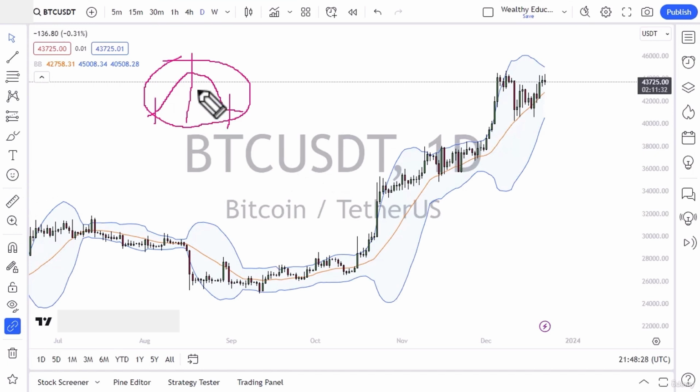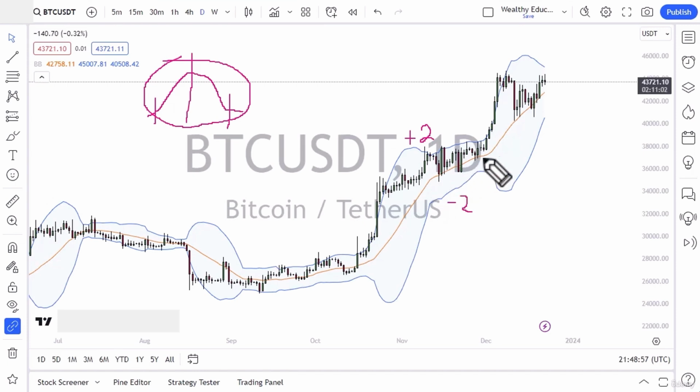So the idea is that the market's going to trade in these numbers here, or in this case, values. So what you're measuring is standard deviations. 2 deviations in both directions is the standard setup. So this would be -2. This would be +2. So 2 positive standard deviations.